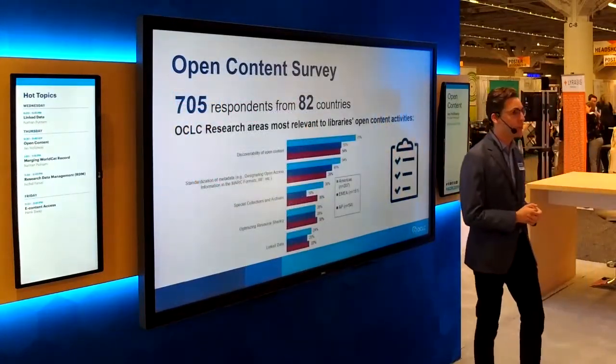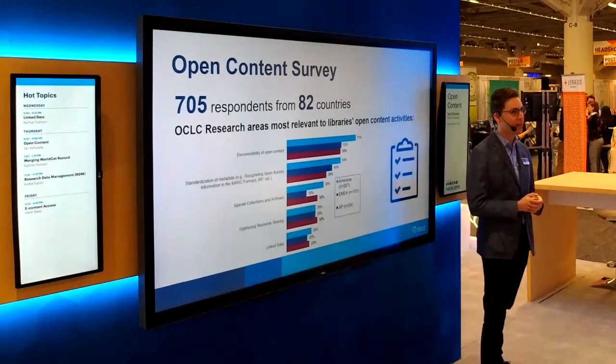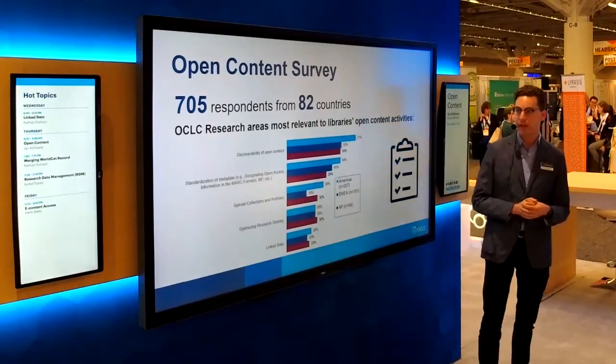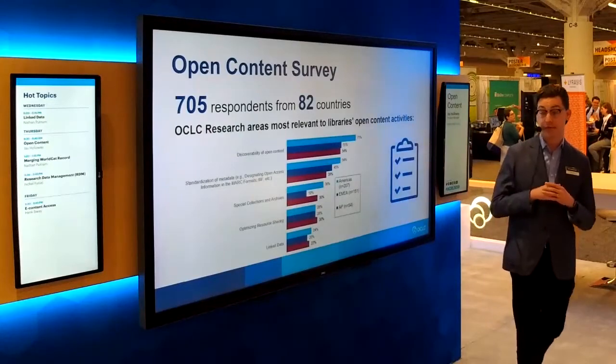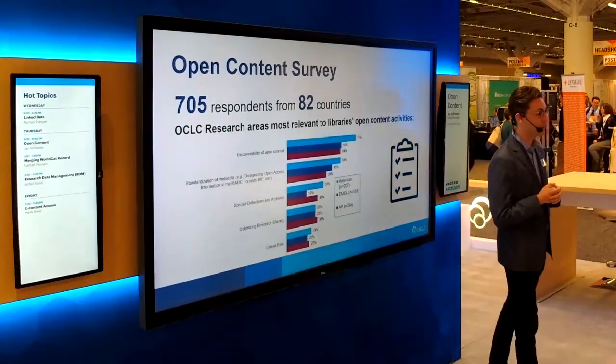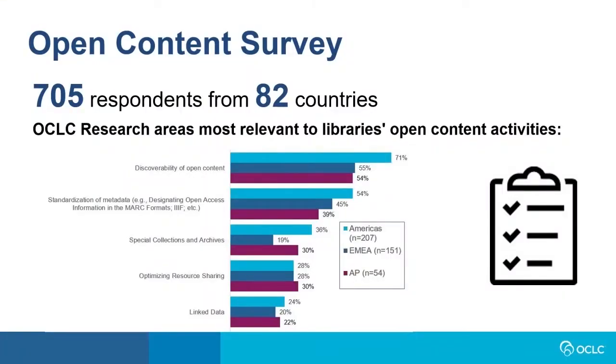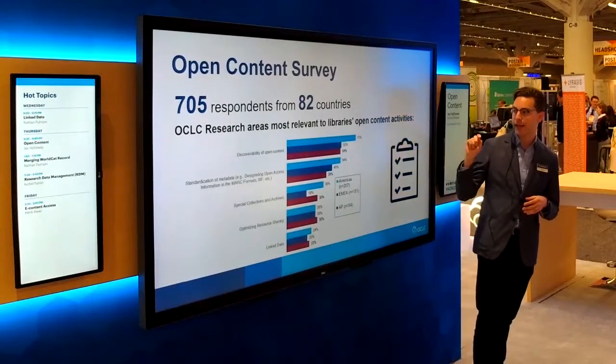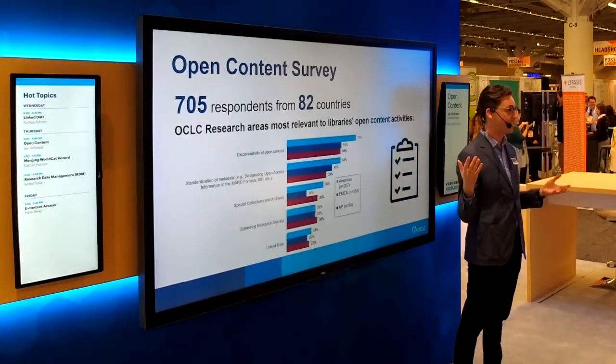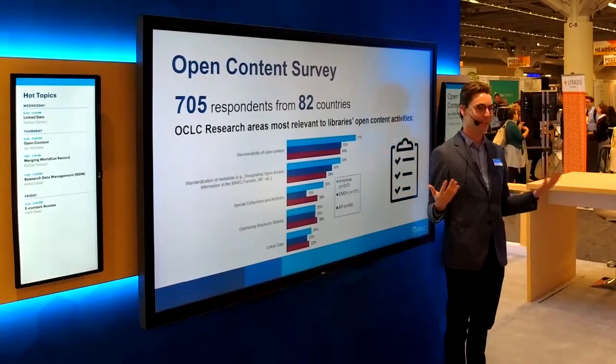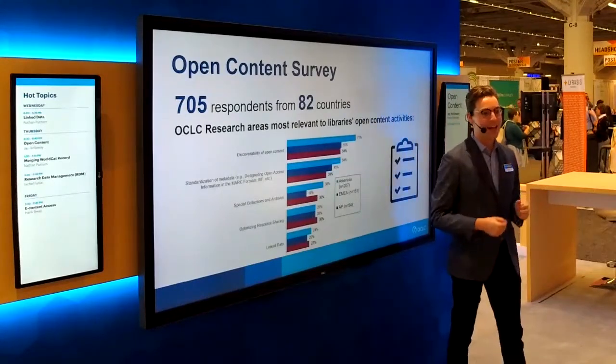Another is the Open Content Survey. This just happened and wrapped up in January, I think. There were 705 respondents from 82 countries. So a huge response, which was exciting. And one thing that I loved about that was that discoverability of open content was pointed out as an area that OCLC could help with open content activities. Being in the discovery area myself, I was like, yes, exciting.